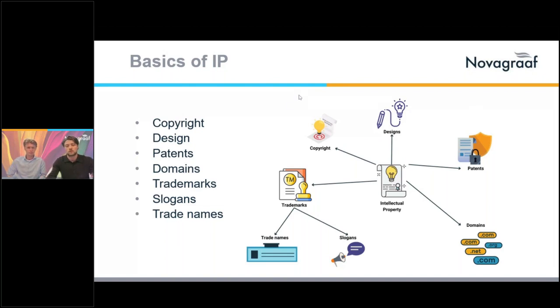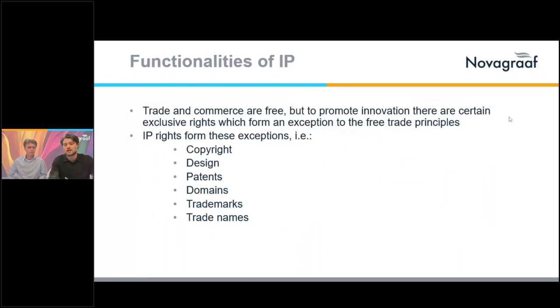But for now, first, let's take a step back and answer the question: what is IP and why does IP exist? That's because trade and commerce are free, but to promote innovation, there are certain exclusive rights which form an exception to the free trade principles.